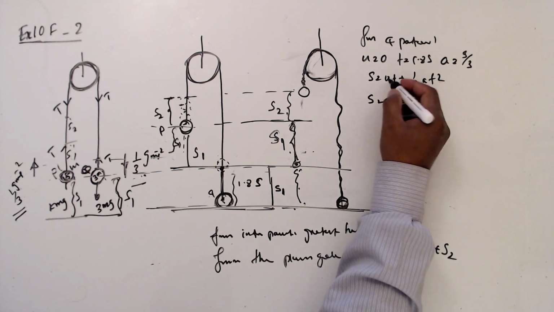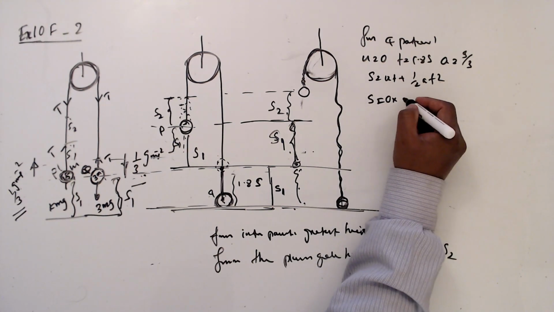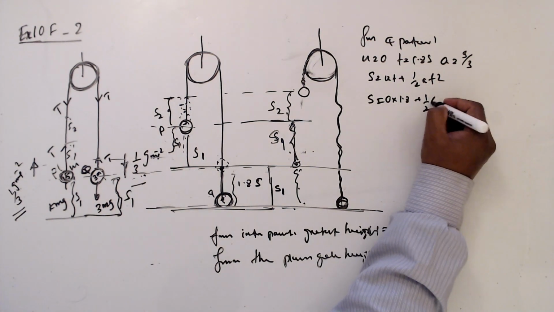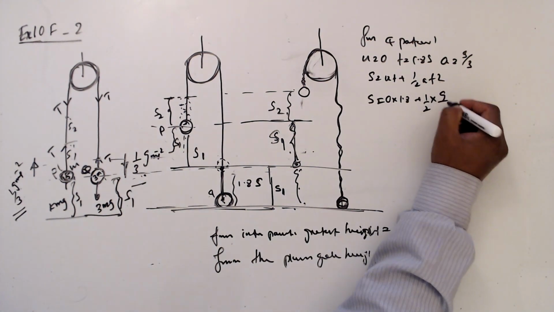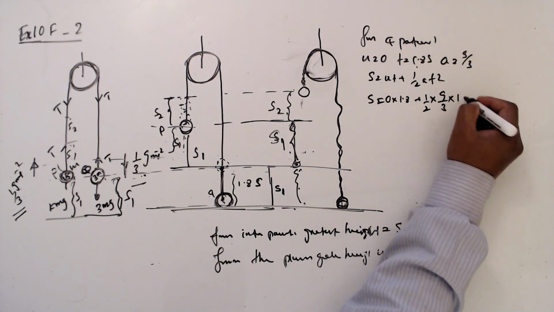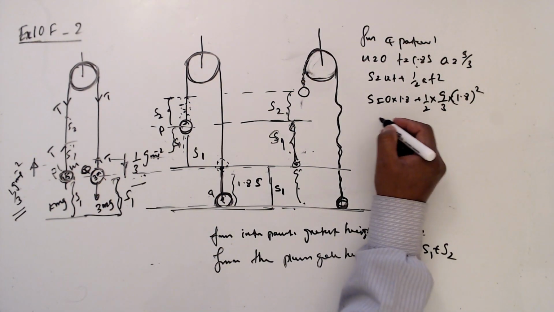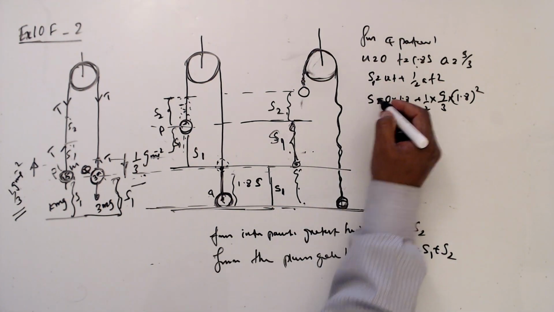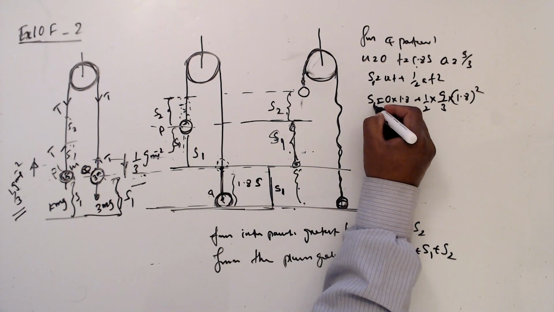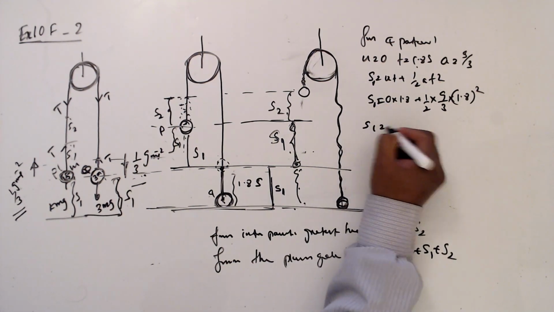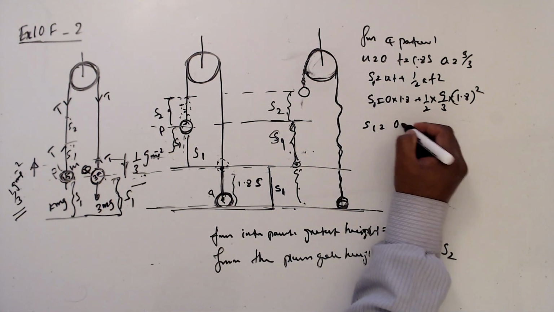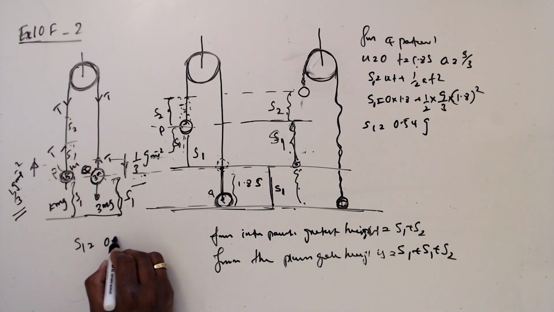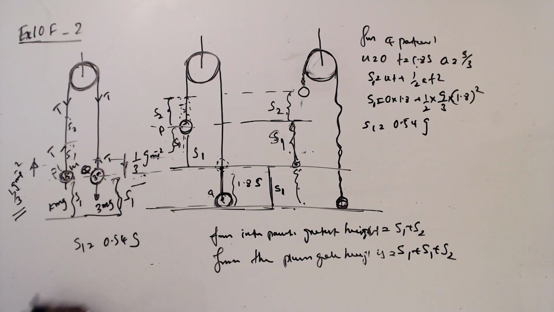So s equals 0 times 1.8 plus half times g divided by 3 times 1.8 squared. Then we can find this distance, which we take as s1. So s1 equals 0.54 g.